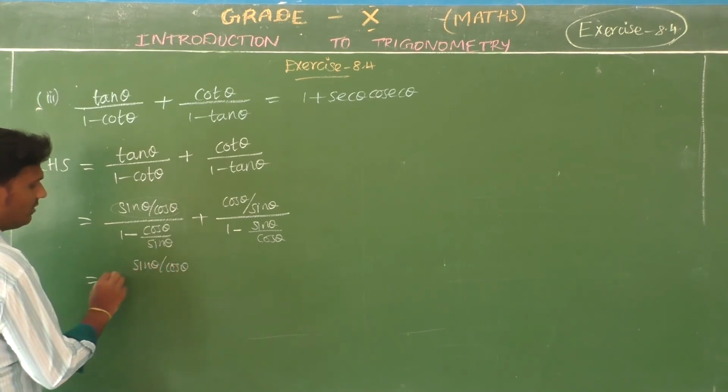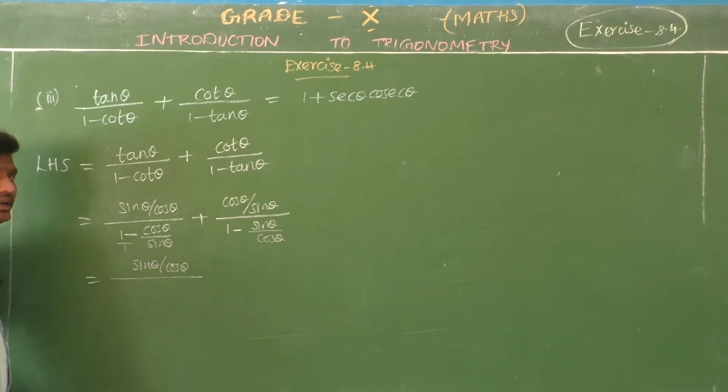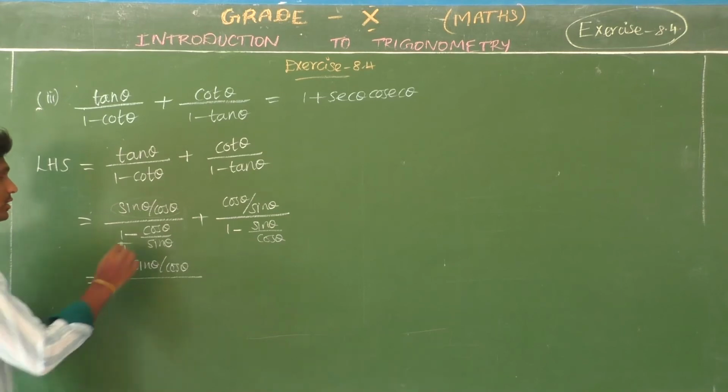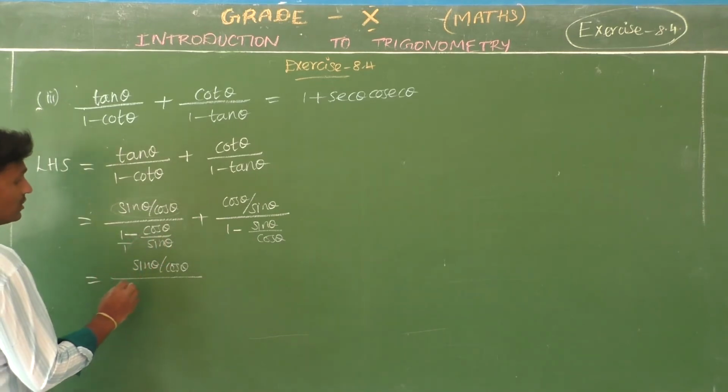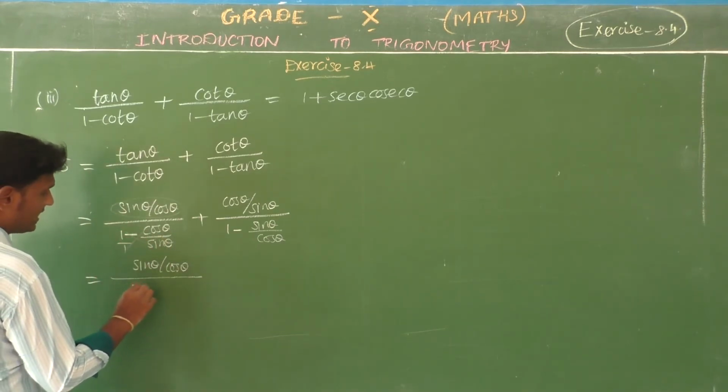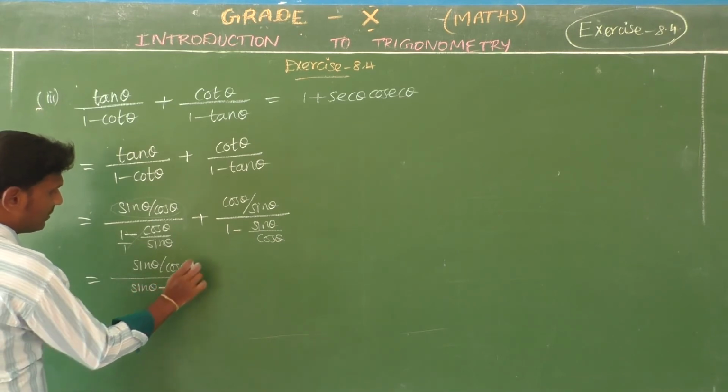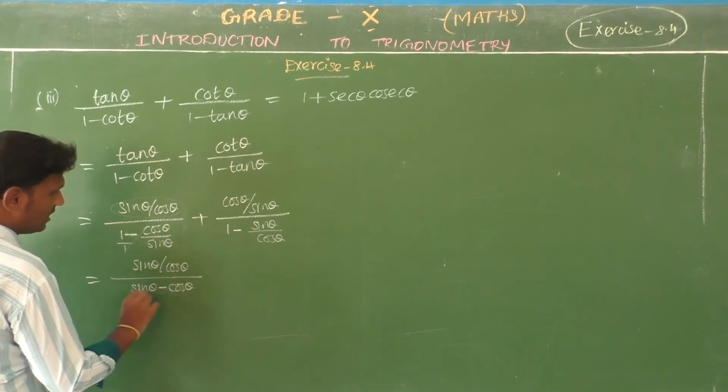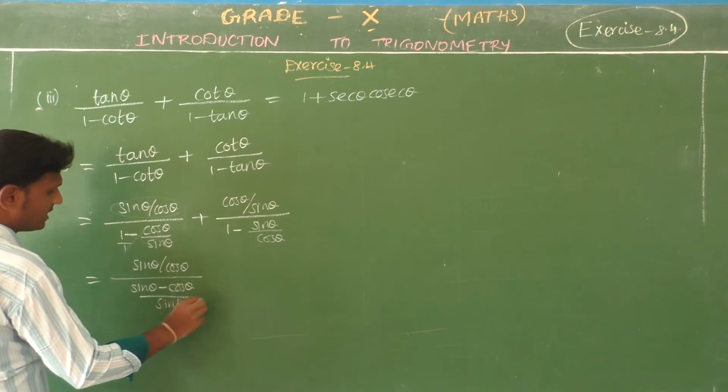Then the whole divided by, in the denominator you have 2 terms, 2 fractions, related with subtraction. So I am going to do cross multiplication. What will come? 1 into sin theta minus cos theta, the whole divided by sin theta.